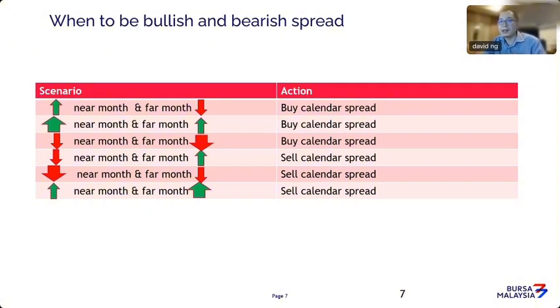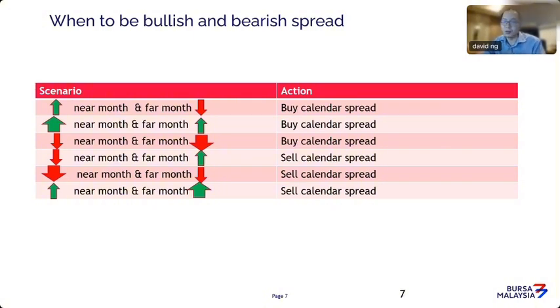These are the examples and sentiments we need to gauge when deciding to execute a bullish pair or a bearish pair on a calendar spread. So if the near month contracts are falling much faster than the far months, normally that's a sign that you should be looking at selling a calendar spread. The same goes vice versa. It's all about relative strength.